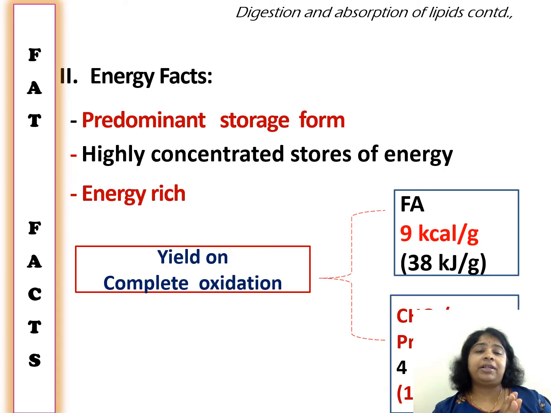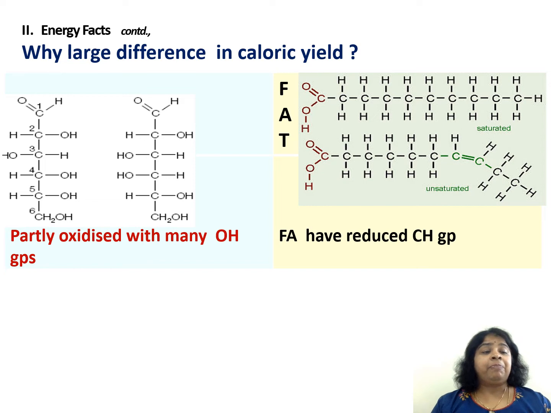One, carbohydrates and proteins give us about 4 kilocalories per gram, whereas fatty acids give us 9 kilocalories per gram. That is because carbohydrates are partially oxidized, with a lot of hydroxyl groups, whereas fats are completely reduced, with no hydroxyl groups at all, and are non-polar and hydrophobic, whereas carbohydrates are polar and hydrophilic.